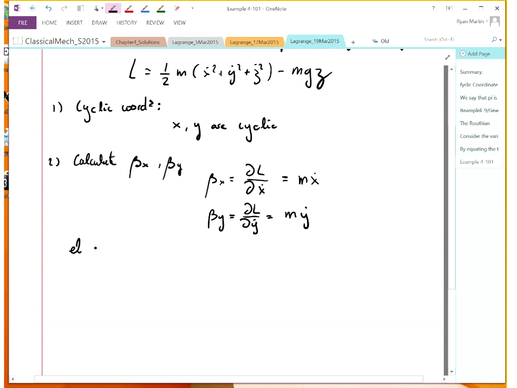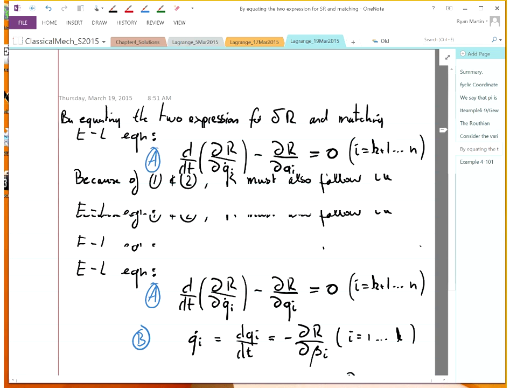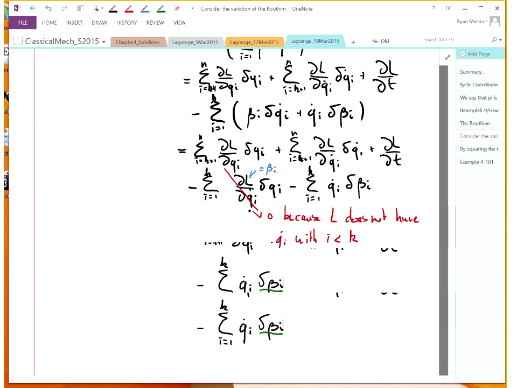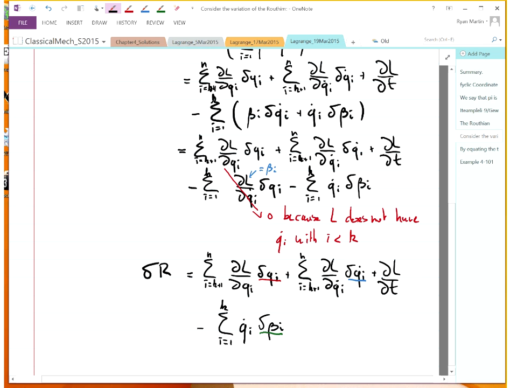Now we have to eliminate x dot and y dot from the Lagrangian. Remember, that was one of the key steps, many pages ago, that allowed us to drop that term when we were doing this derivation.